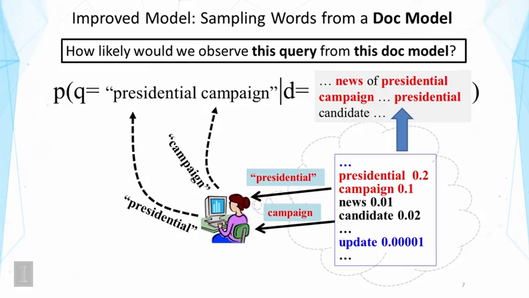Now the difference is that this time we can also pick a word like "update", even though "update" doesn't occur in the document, to potentially generate a query word like "update", so that a query with "update" will no longer have 0 probability. So this would fix our problem. And it's also reasonable because we're now thinking of what the user is looking for in a more general way. That is a unigram language model instead of a fixed document.